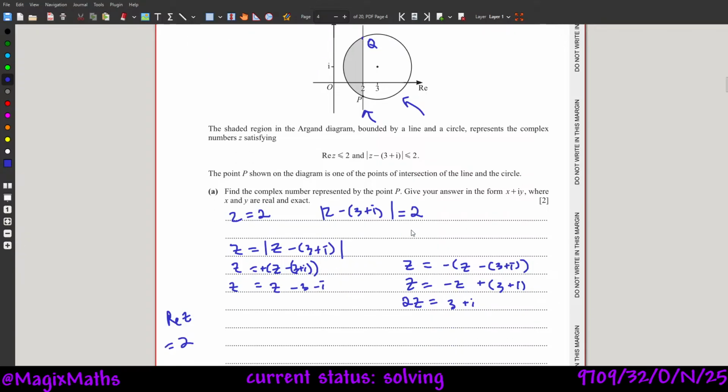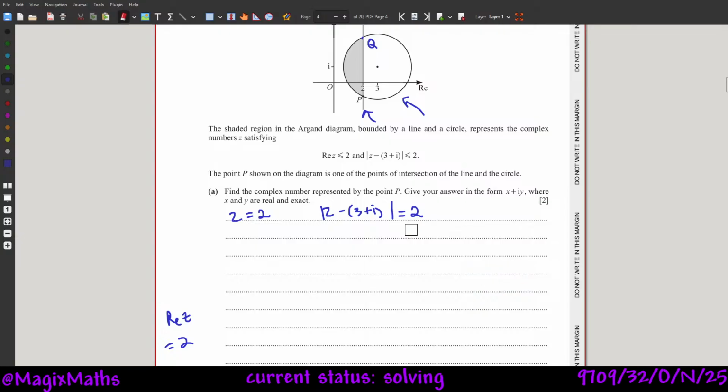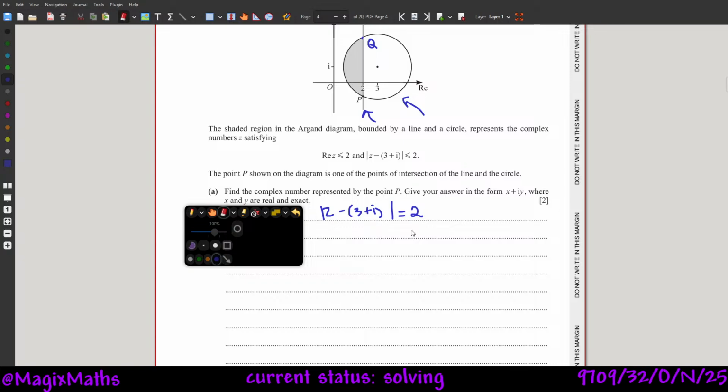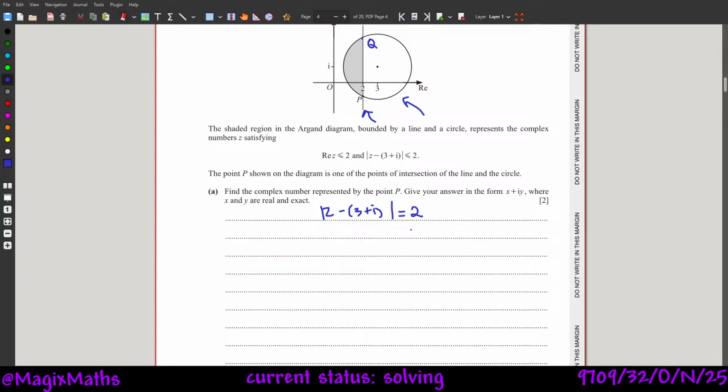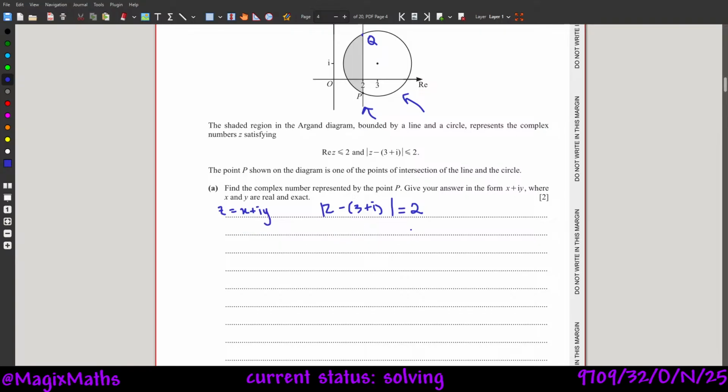Oh, so yeah, it appears I made a mistake here in having our first equation as z is equal to 2, but actually it's only the real value of z that is equal to 2. So my bad. Let's do that again and say let z be x plus iy. I'm more comfortable with using yi, but let's just use iy.